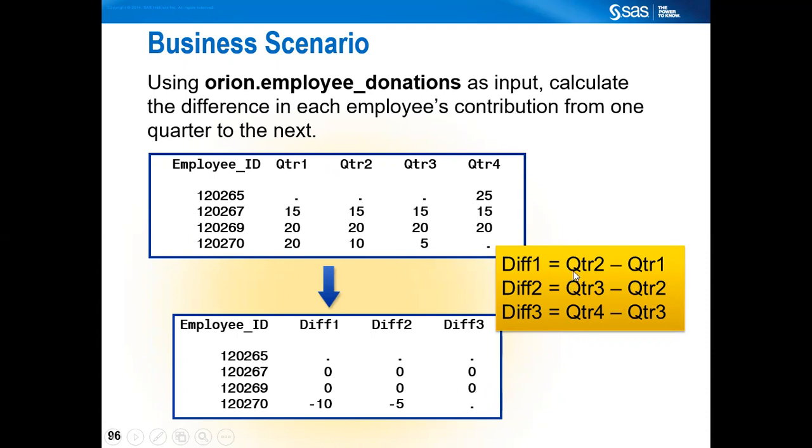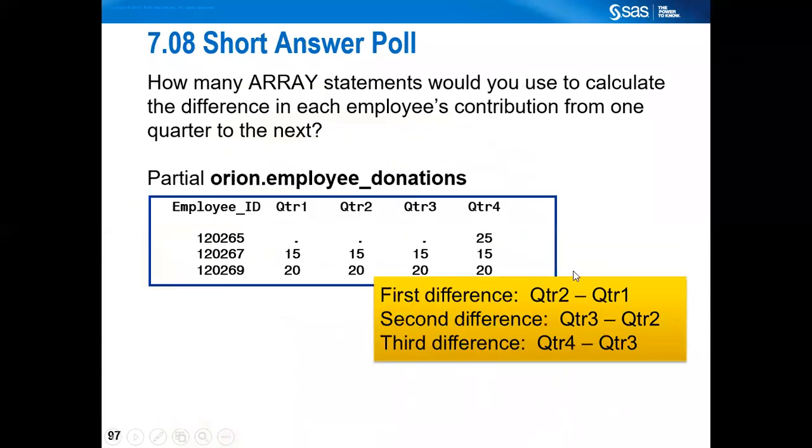So how are we going to calculate this difference now? Before calculating, you have a poll here. It's telling how many array statements would you use to calculate the difference in each employee's contribution from one quarter to the next quarter.